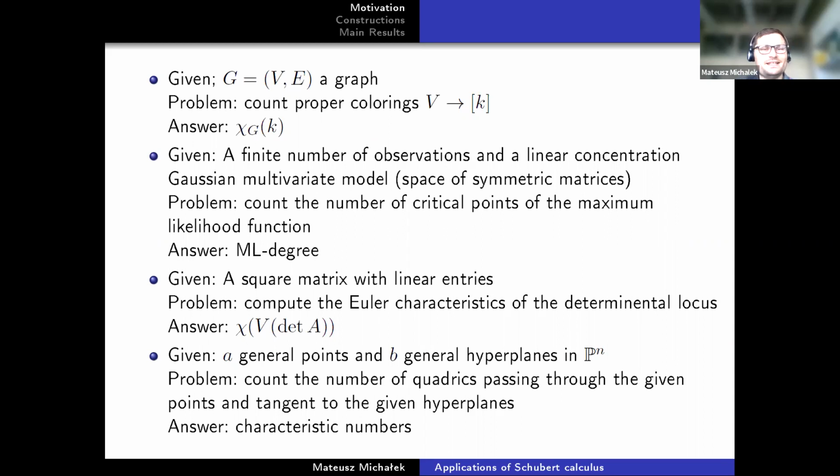I am not a statistician, but I do know some statisticians, and they often are interested in the following problem. They make observations, and observations have an outcome. Let's say they choose a vector in R^2.